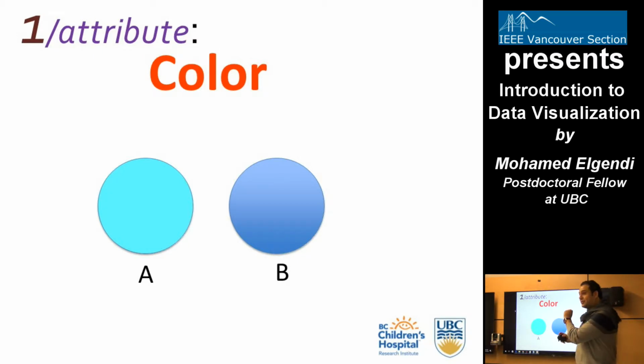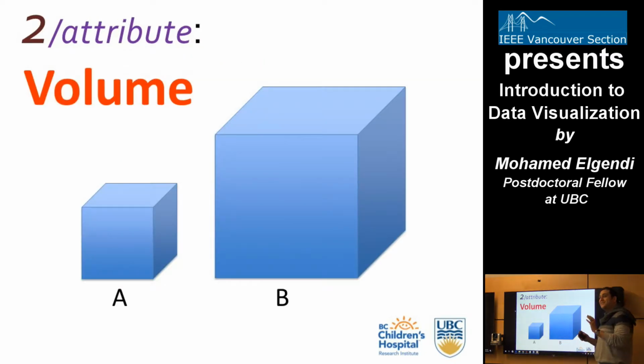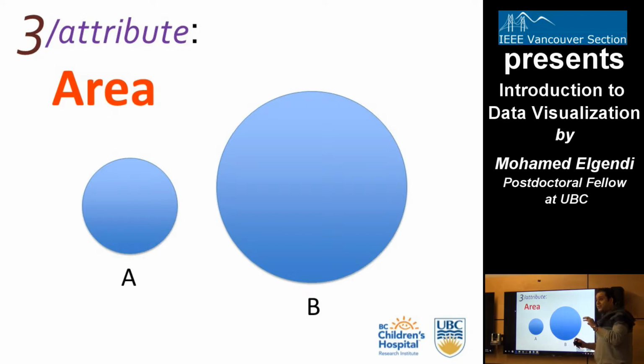I'm going to jump to another attribute. The volume. If I say figure B, how many of you think that figure B is 2 times bigger than figure A? 3 times. 2.5. 8 times. Please remember, because I'm going to tell you the answer. How many of you think that figure B is 2 times bigger in terms of area?